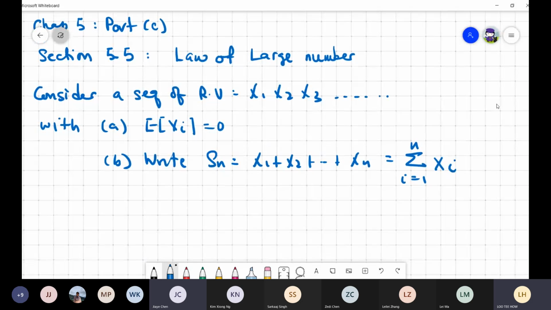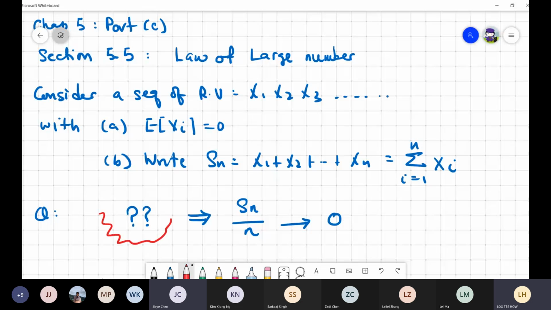So having this, then we have these questions. Under what conditions will Sn over n converge to 0? So we want to identify what hypothesis we need to satisfy in order to get this situation, Sn over n will converge to 0.